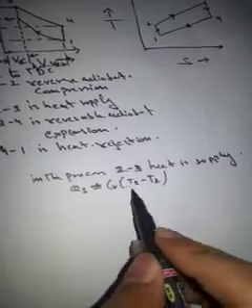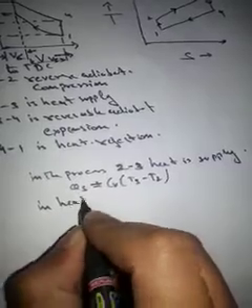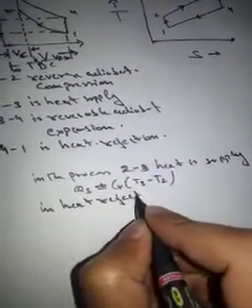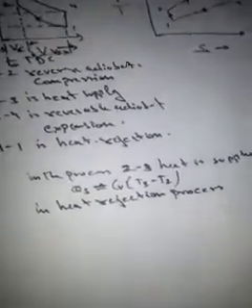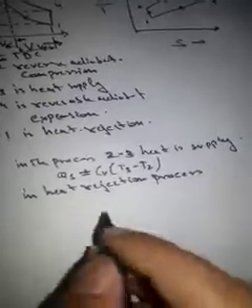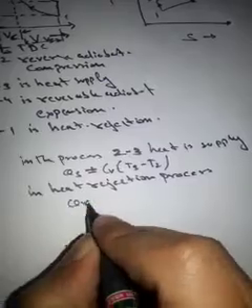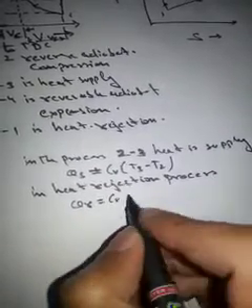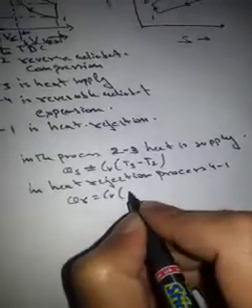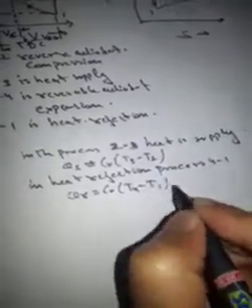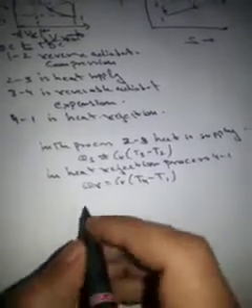And heat rejection QR is equivalent to Cv (T4 minus T1) in the process 4 to 1.